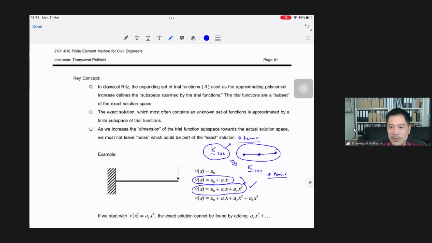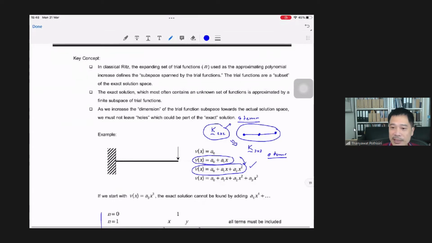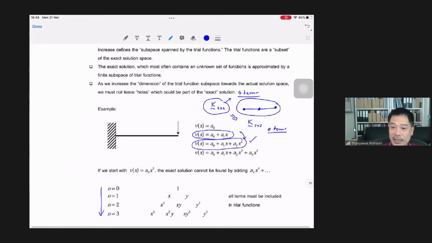We would like to keep the problem simple. So we would prefer that. Even though this is an alternative that we can use, people would prefer using a different way of trying to obtain the exact solution.